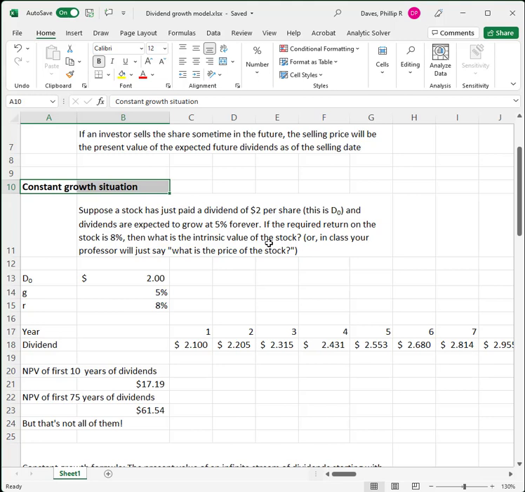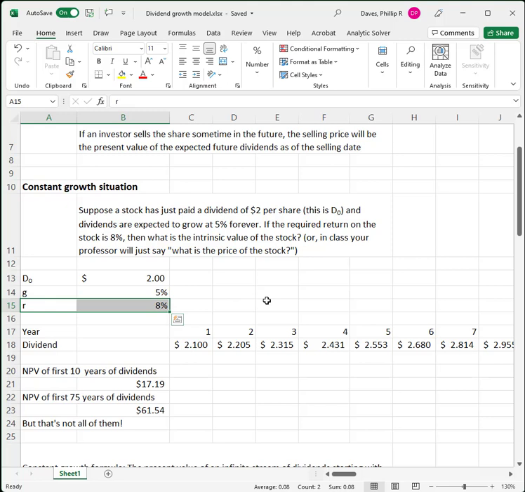But what we're really estimating is the value of the stock if your assumptions about what the expected future dividends are going to be are correct. So we've got a dividend that's just occurred of $2 a share, expected growth of 5% a year, and a discount rate or required rate of return of 8% a year.